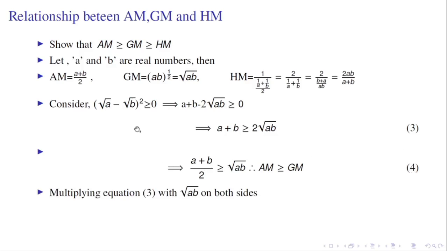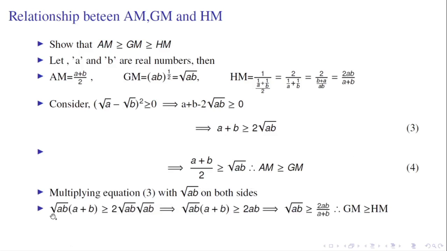Now multiply equation 3 by root AB on both sides. Root AB into (A plus B) is greater than or equal to 2 into root AB into root AB, which is 2 into AB. This implies root AB is greater than or equal to 2AB divided by (A plus B).